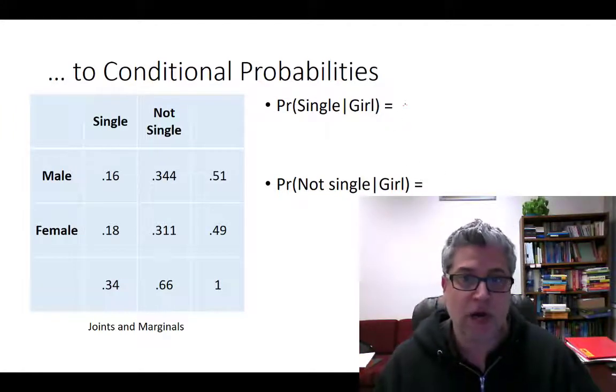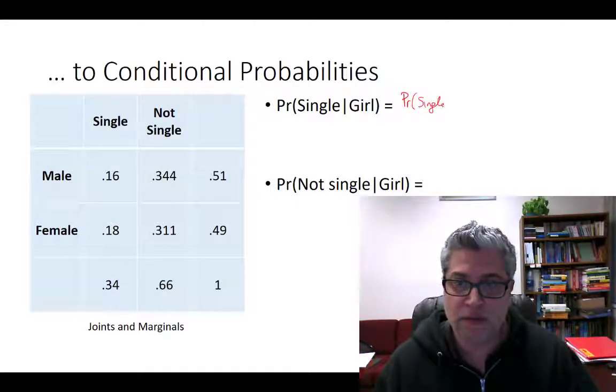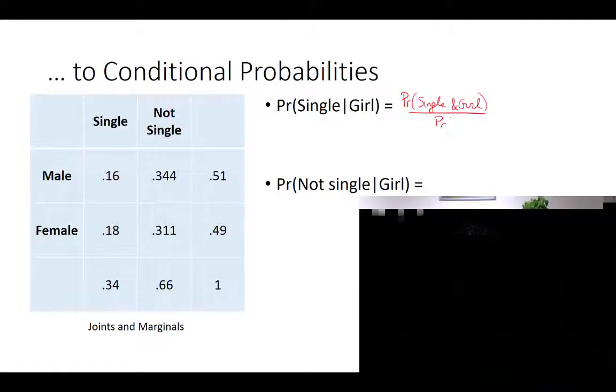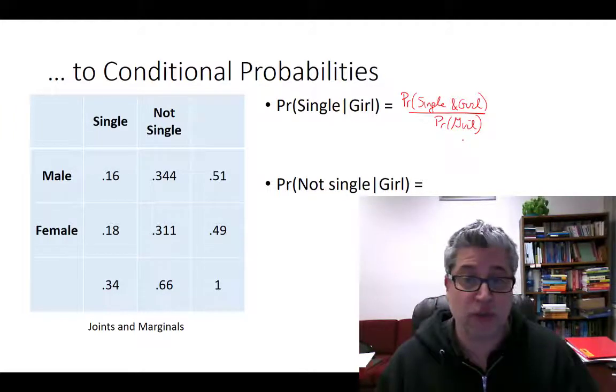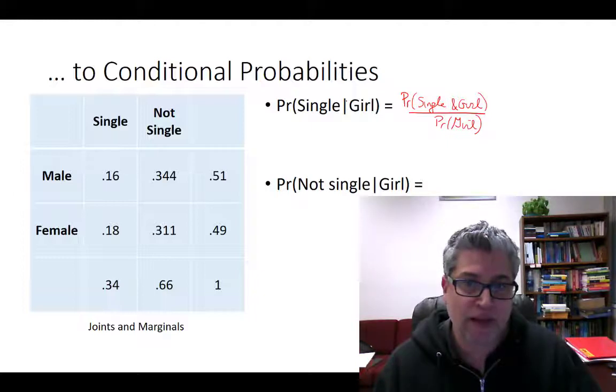So we can use our conditional probabilities that we get from our multiplication rule. We get the probability of single and girl divided by the probability of whether we're just talking to a girl, this marginal probability. Remember, we're going to be dividing through by what's underneath this division symbol, right?